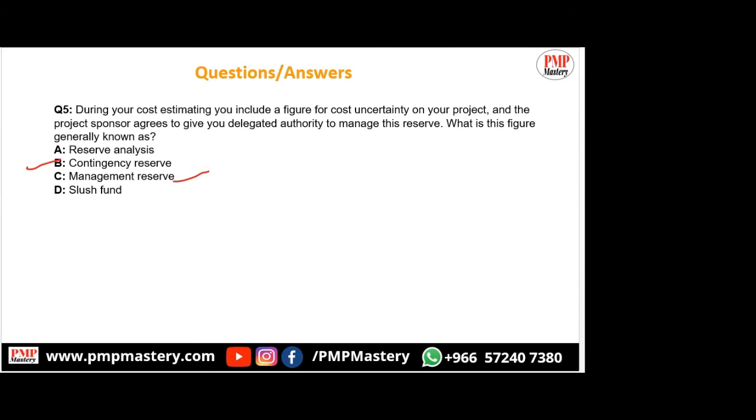Okay. So my reason for choosing B is that the question was saying that the cost figure put in there was for uncertainty.